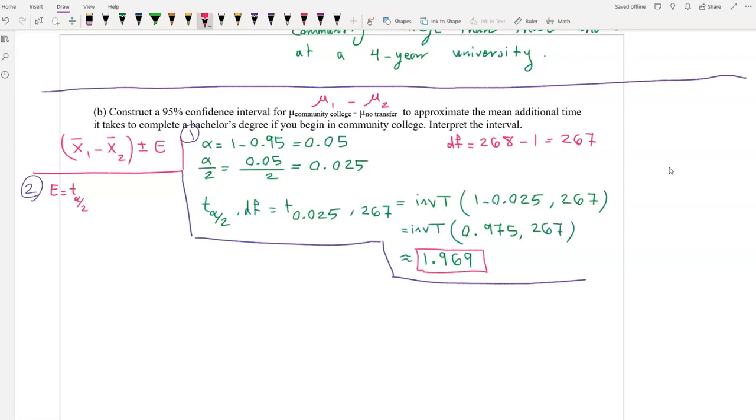E equals t times the square root of standard deviation squared divided by sample size plus standard deviation squared divided by sample size for the second group. Our t was 1.969.